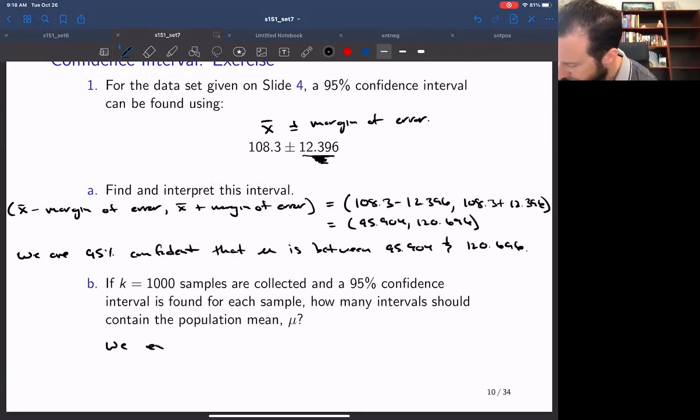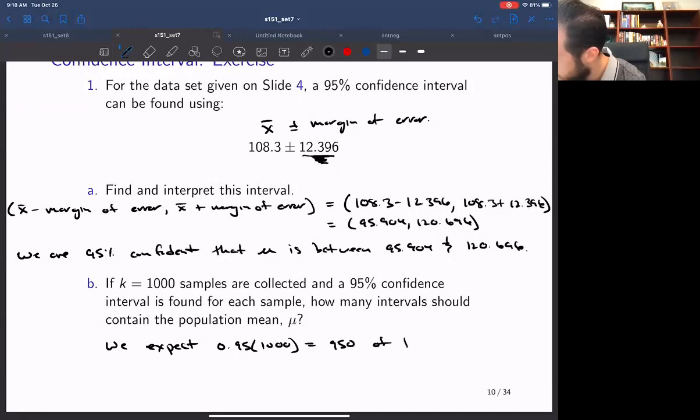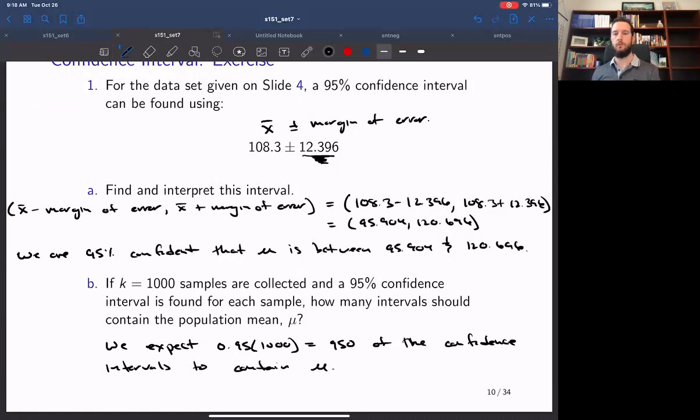We expect 0.95 times 1,000 equals 950 of the confidence intervals to contain mu. Okay.